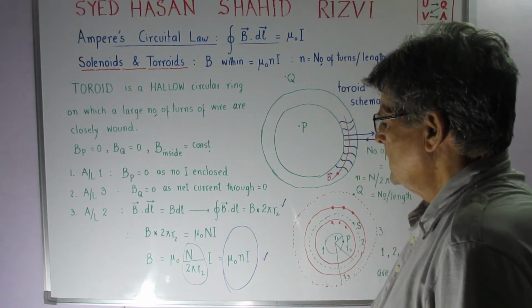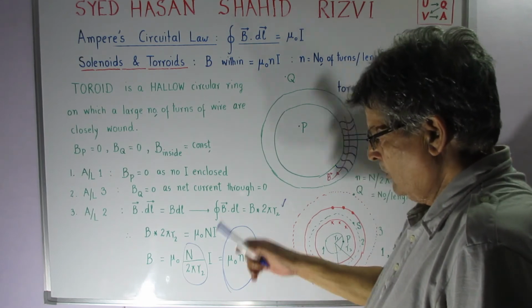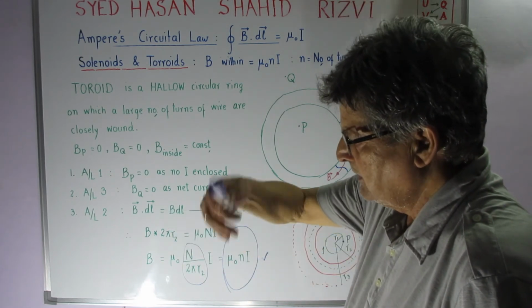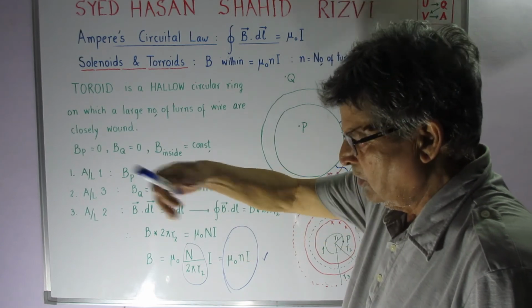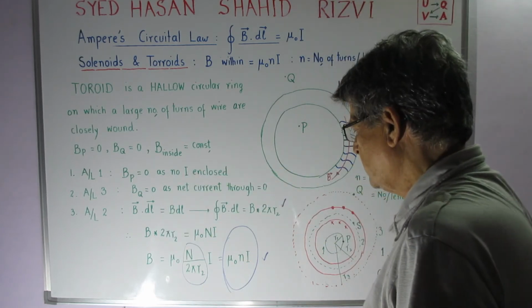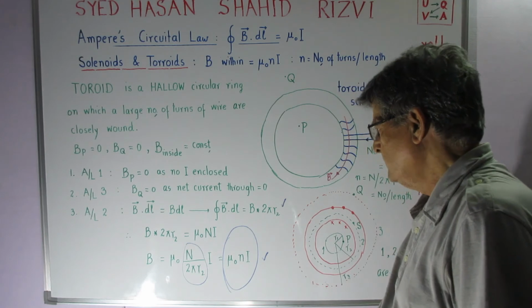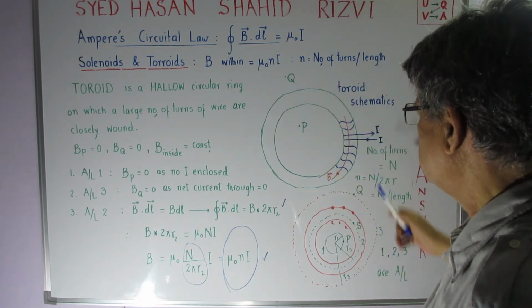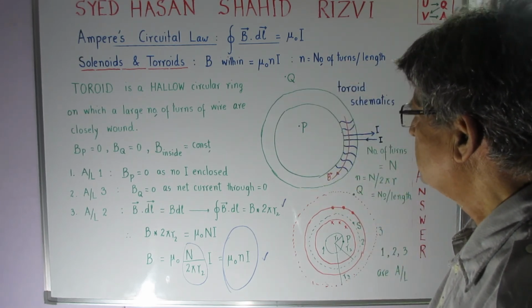So you can even wind things like this, and then again go another way. So the number of turns can be increased for the same tube on which the windings are done.